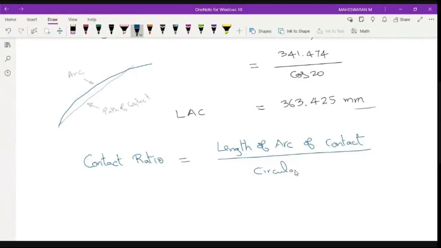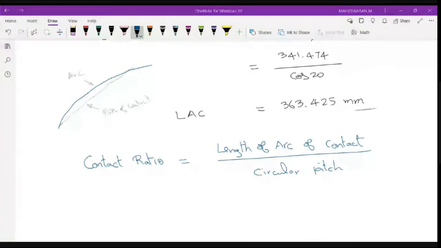Circular pitch indicates the distance between two consecutive teeth, right? So that is why we divide with respect to that to identify the contact ratio.